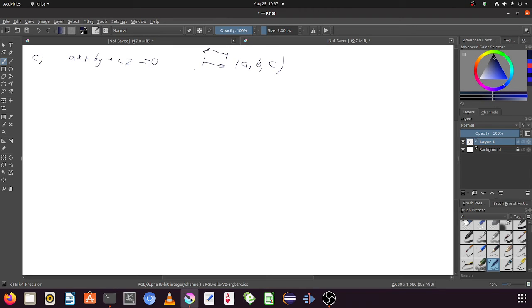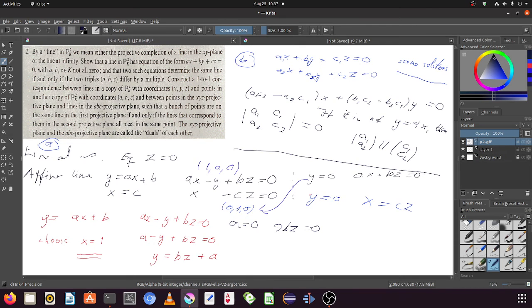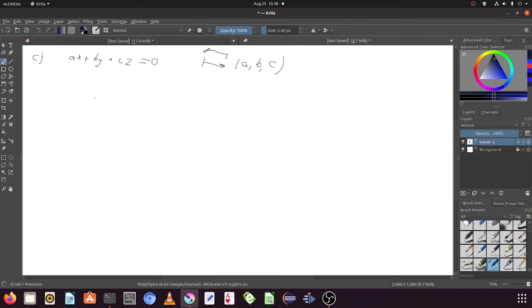So it's really a one-to-one correspondence. And what should we prove about that? A bunch of points are on the same line in the first if and only if the lines meet at the same point. So it's sufficient to do that with 2 points, of course.